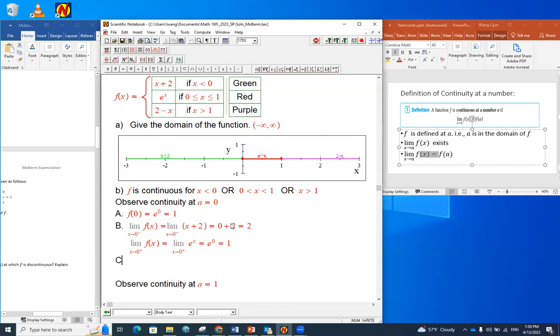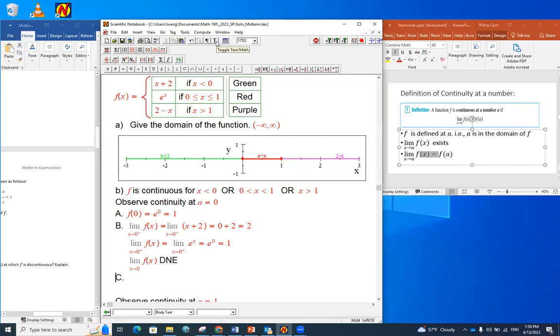So I'm going to give you multiple versions. The first version, of course, you can say the limit does not exist. It was pretty straightforward. The limit as x approaching 0 of f of x does not exist.